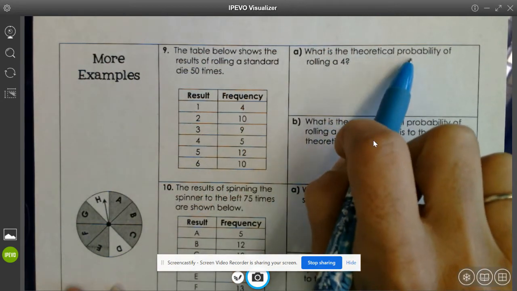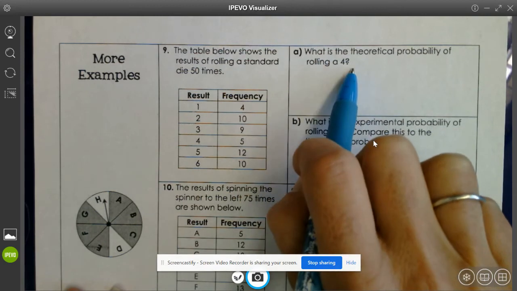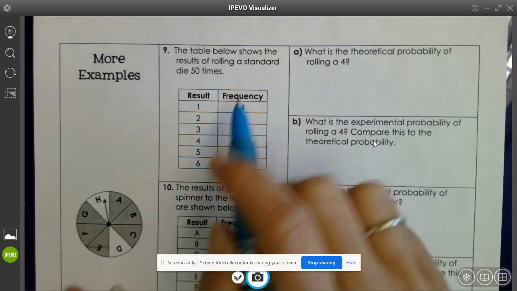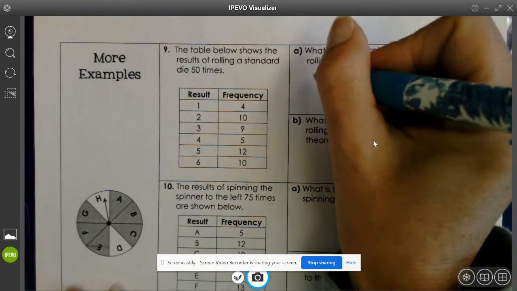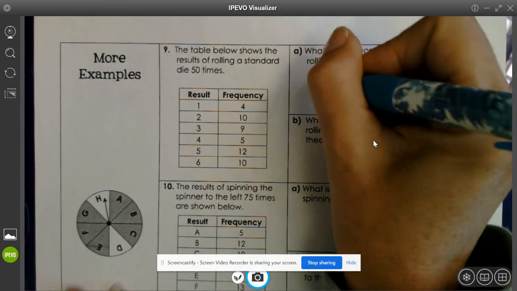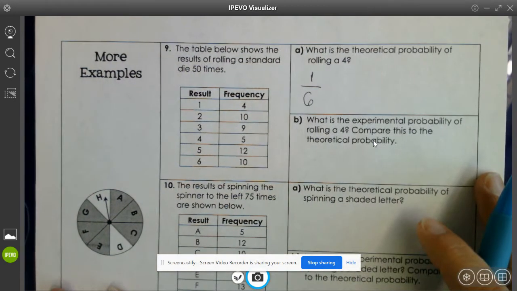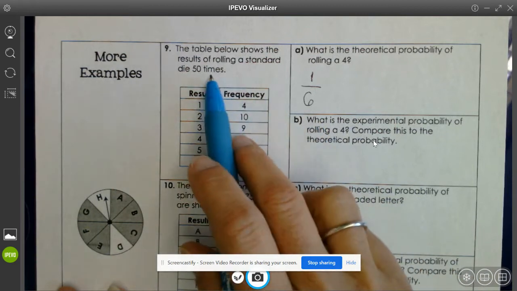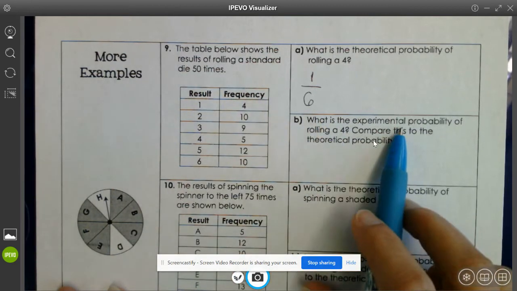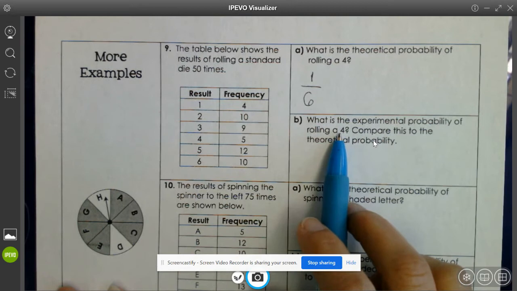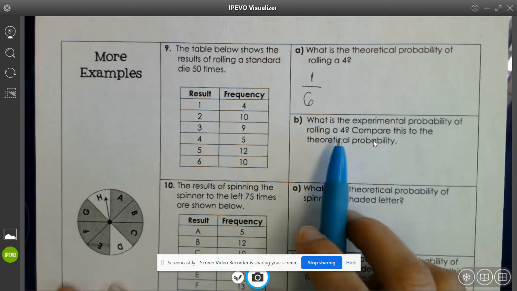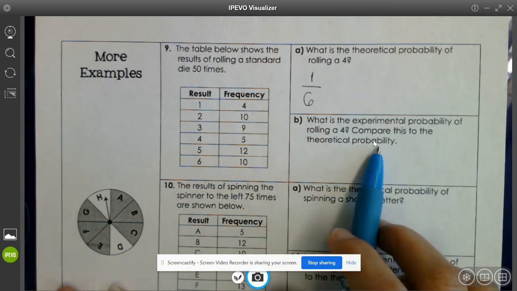What is the theoretical probability of rolling a 4? So rolling a 4, in theory, there's 1 out of 6, right? So that would be, in theory, what should happen. But when you roll it 50 times, what is the experimental probability of rolling a 4? Compare this to the theoretical probability.